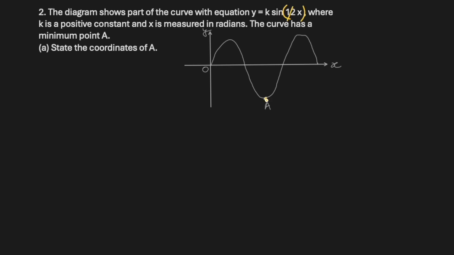For any minimum or maximum, which are the stationary points, dy over dx has to be equal to 0. And that's what we'll do here. We will differentiate this first. So dy over dx in this case will be k, a constant multiplying, so it will remain k, sine half x, its differentiation will be half cos half x.